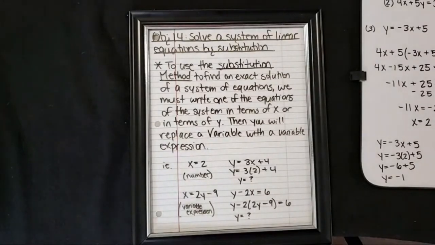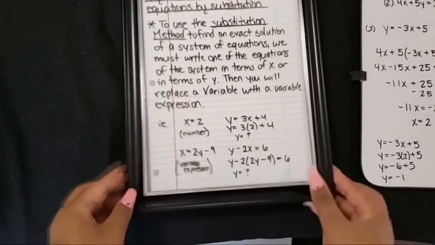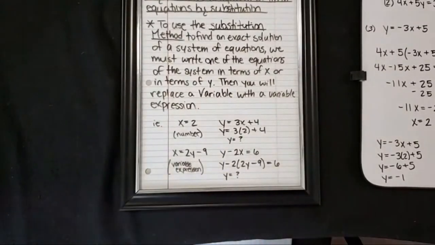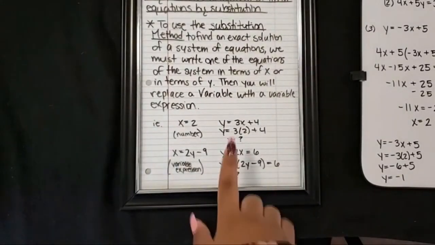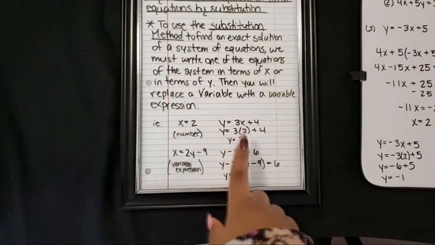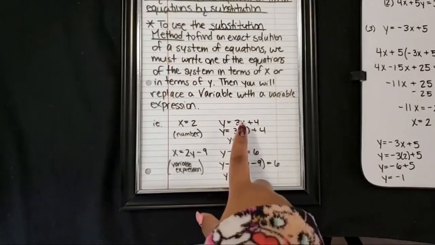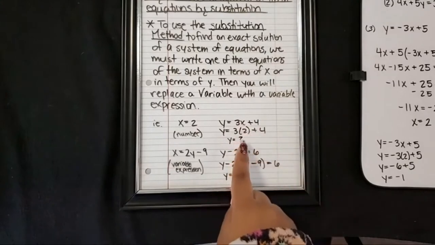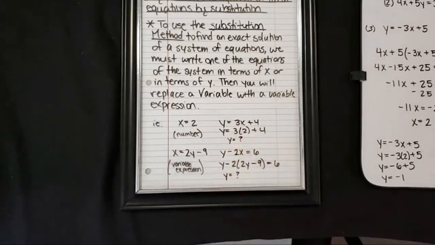We will substitute that into the other equation for that variable. In the past, we have seen situations where we had x equals 2, and we plugged that into the other equation. Wherever we saw that x, we plugged the 2 in, and we worked it out to find that y equals 10 or whatever.